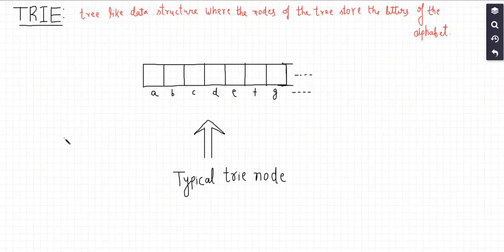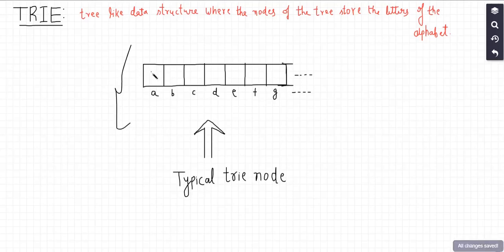So what is a trie? A trie is a data structure where the nodes of a tree, it's a tree like data structure basically, and the nodes of that tree store the letters of the alphabet. Okay, so how does a particular node of a trie look like? A typical node of a trie looks like this.